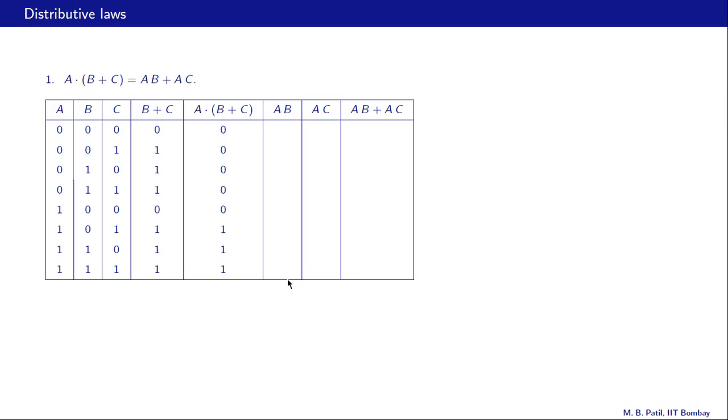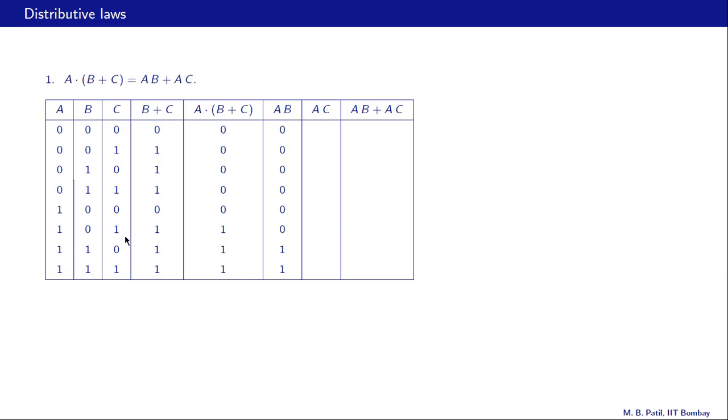What about this column? A ANDed with B. This is 1 if A is 1 and B is also 1. Now A is 1 for these 4 positions, and among those positions B is 1 for these 2 positions. So therefore we will have 1 here, and all others zeros, like that. What about AC? A needs to be 1 and C needs to be 1, and that happens here and here.